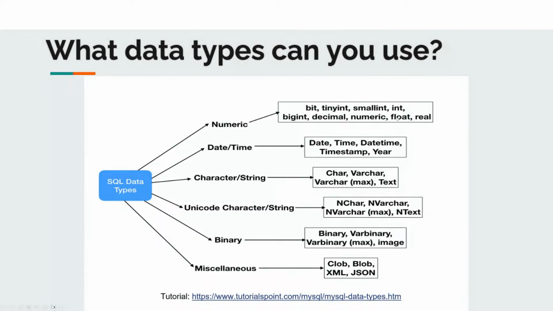Floating point would be like your decimals, and they're similar, but you can define decimals a little bit tighter. So a decimal, you might do that as money. You could define it as a decimal 9,2, and that'd be like money with 9 places in front of the decimal, to the left of it, which would be your dollars, and then the 2 to the right of it, which would be your cents.